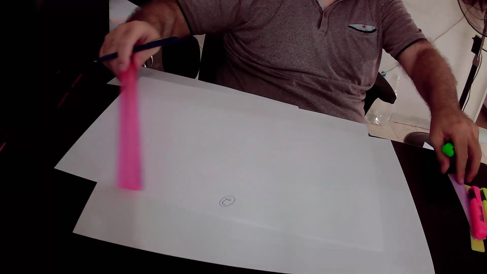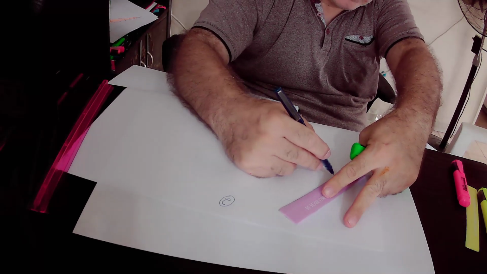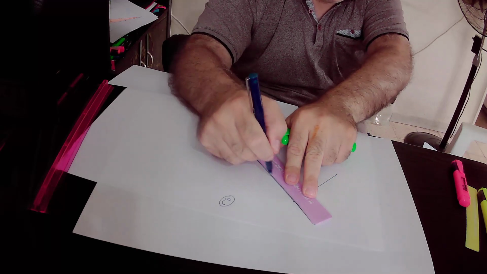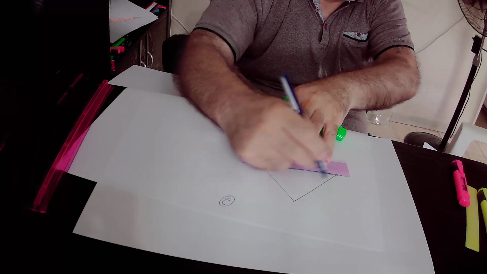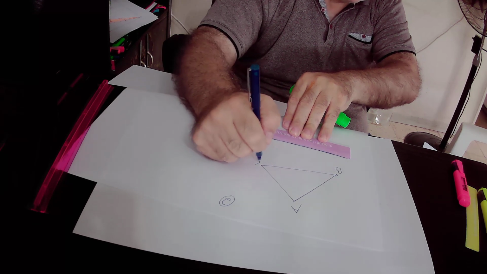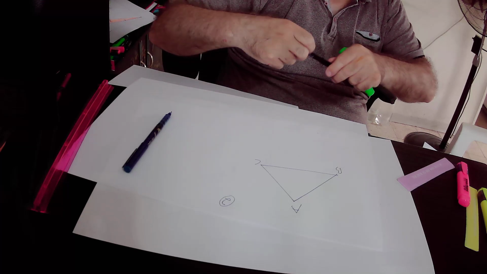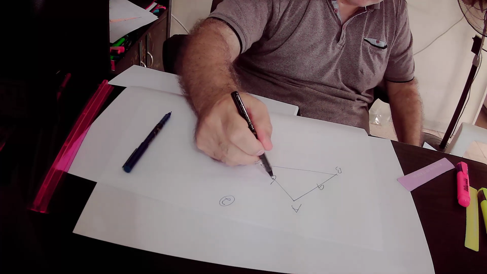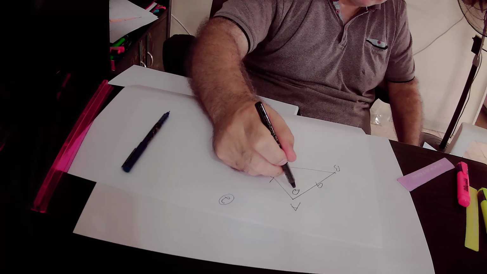So if we have triangle ABC, that could be any triangle, and we know that the length of side AB is A units, side AC equals B units in its length, and the angle between side AB and side AC is theta.